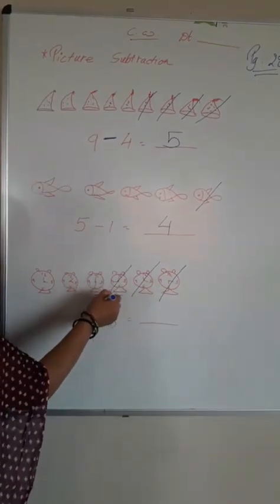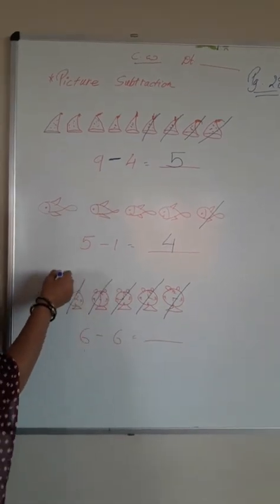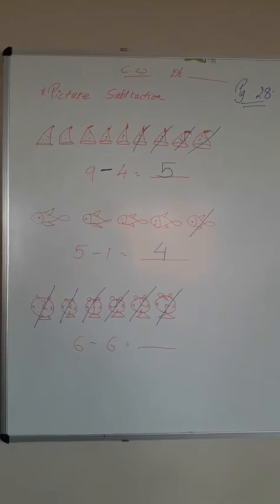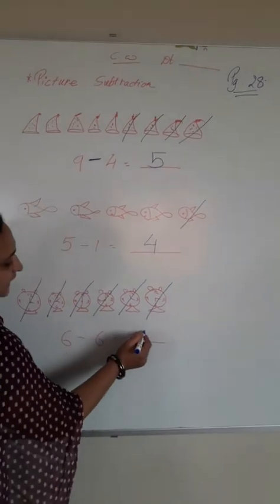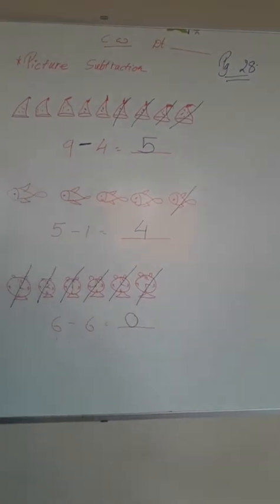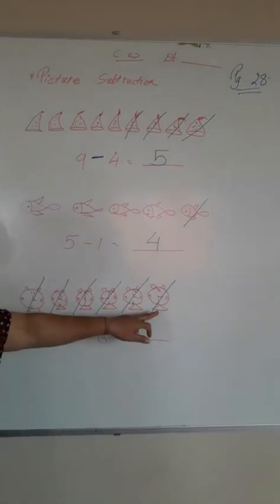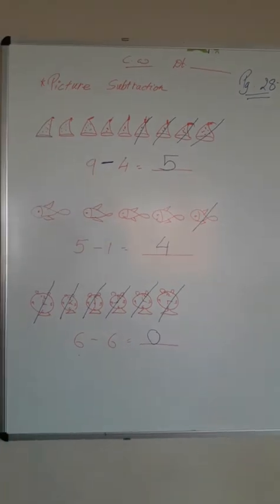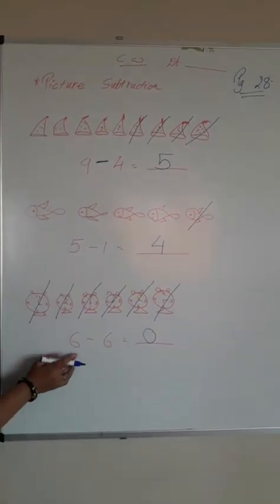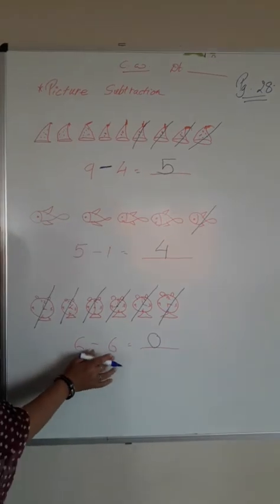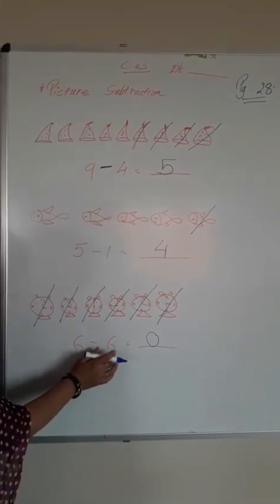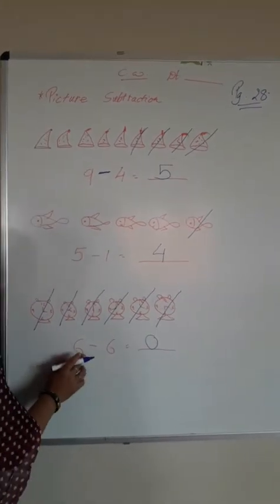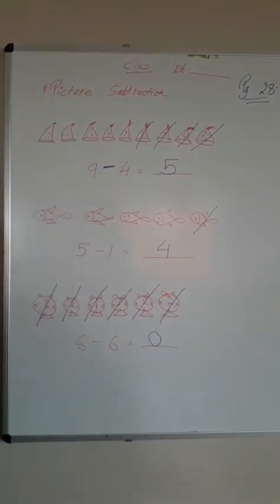Now how many clocks are remaining in the shop? There are no clocks in the shop, means 0. 6 थे, उसमें से 6 टेक अवे कर दिए, तो कितने बचे? 0. Right? If we subtract the same number, we get 0.